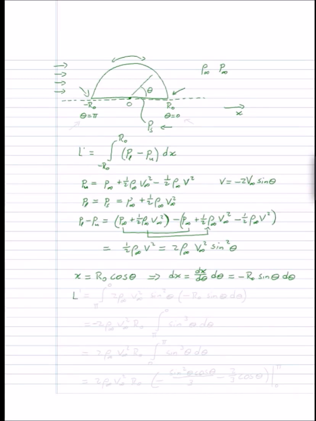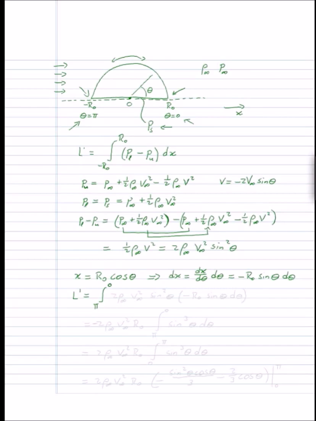So the expression for L prime was the integral from minus r0, and minus r0 is equivalent, as we can see at the top here, to theta equal to pi. So we've got now an integral from pi to, what's the equivalent to r0? That's this theta 0 here. So we're going from pi to 0.